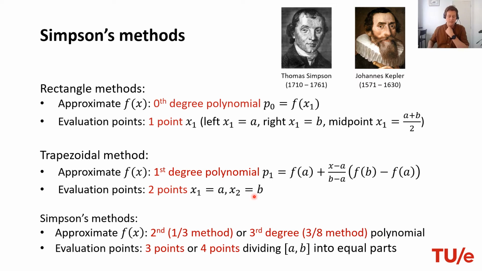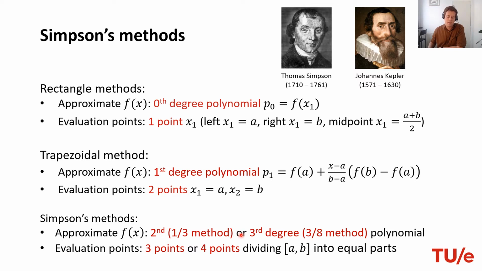And then finally, well, this kind of leads us directly to Simpson's methods. And in Simpson's methods, it's a natural extension of this idea. Except now we approximate the function using a second degree polynomial, so that's a quadratic polynomial, and that will lead to what we call Simpson's 1/3 method.